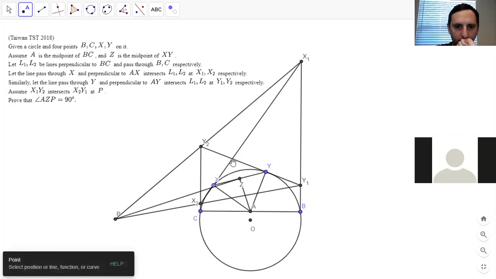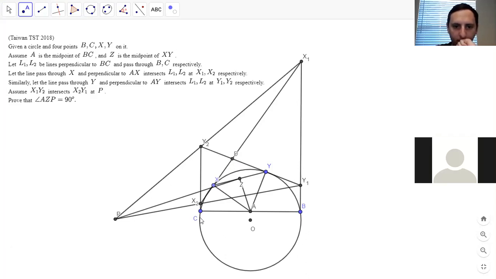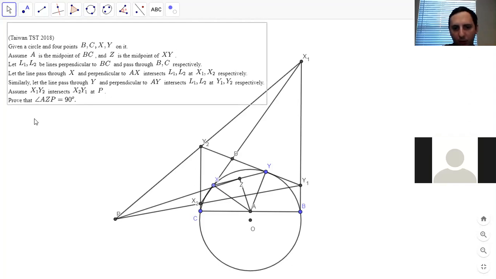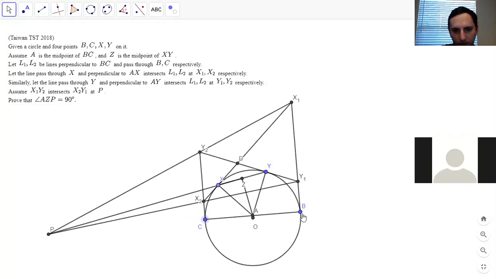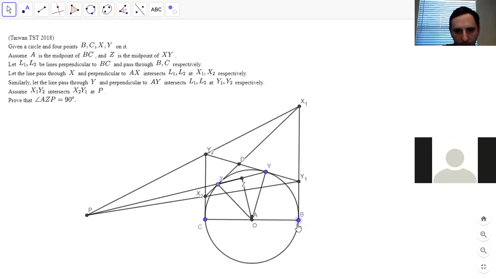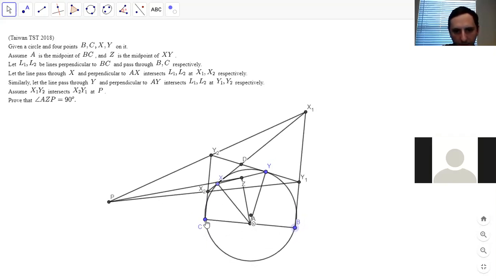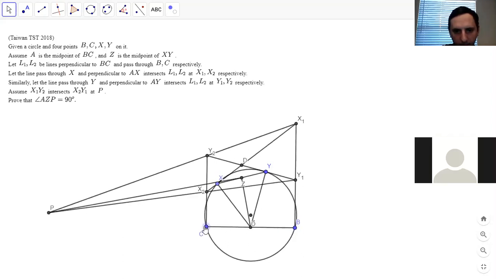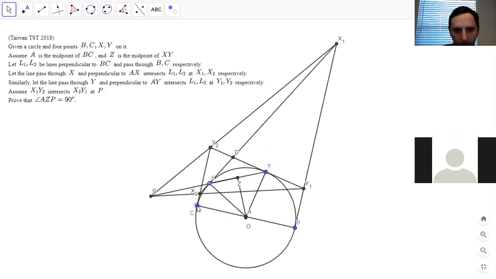We know that these are tangents to the circle. Oh no, actually is that true? No, they're not tangent, because it would have to be perpendicular to OY, not AY. Let me see, maybe I can get a little better diagram. That doesn't look that much better.